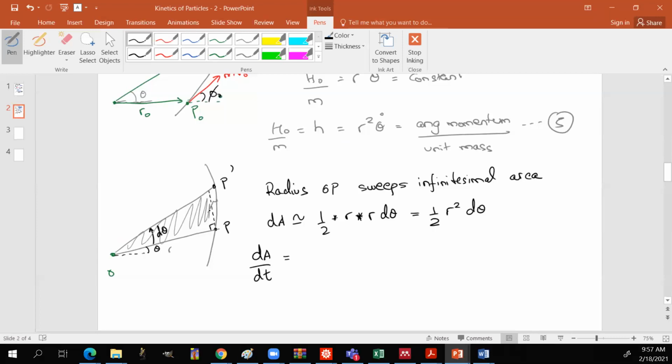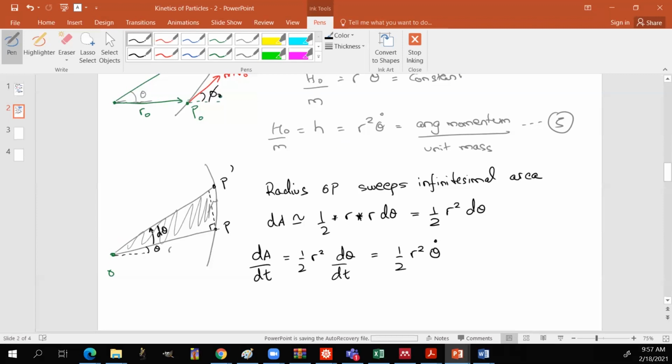And for this infinitesimal change, we're considering that the distance r stays constant. So the only thing that you worry about is the change in the angle theta, so d theta over dt. So we know this becomes equal to half r squared times theta dot, where theta dot is your angular velocity.